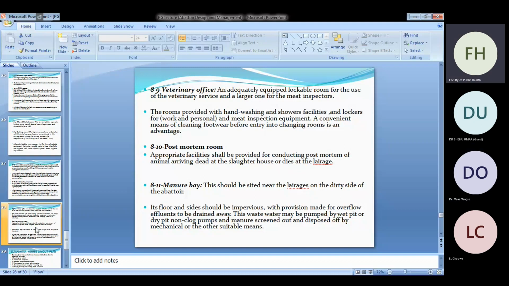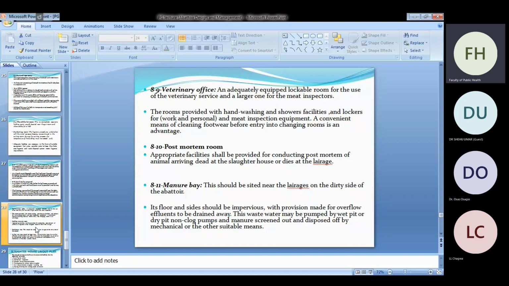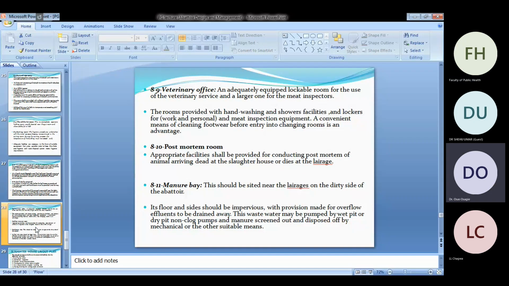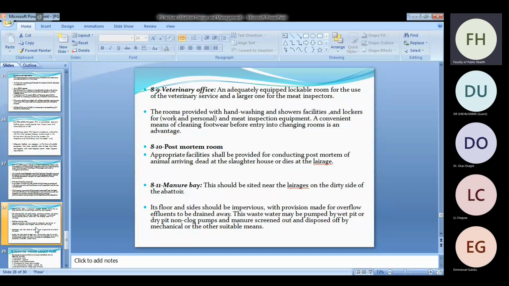There's what we call the manure pit. It should be sited near the lairage, on the dirty side of the abattoir.